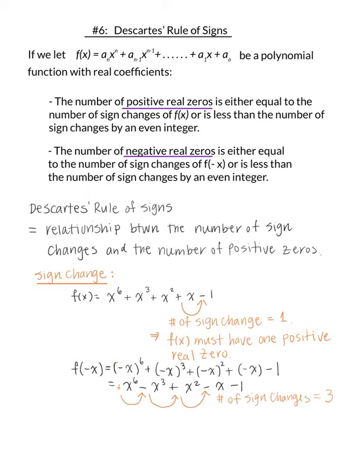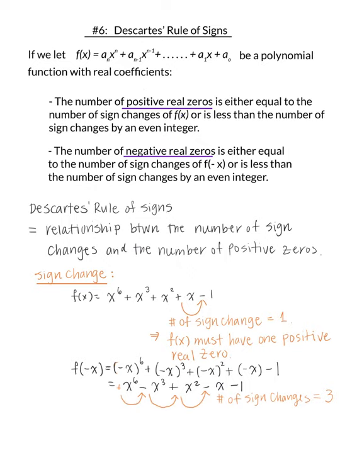All right, now let's read the statement of the theorem. It says that the number of negative real zeros is either equal to the number of sign changes of f of negative x. So we could have 3 negative real zeros. But let's read the next one. It says, or is less than the number of sign changes by an even integer.